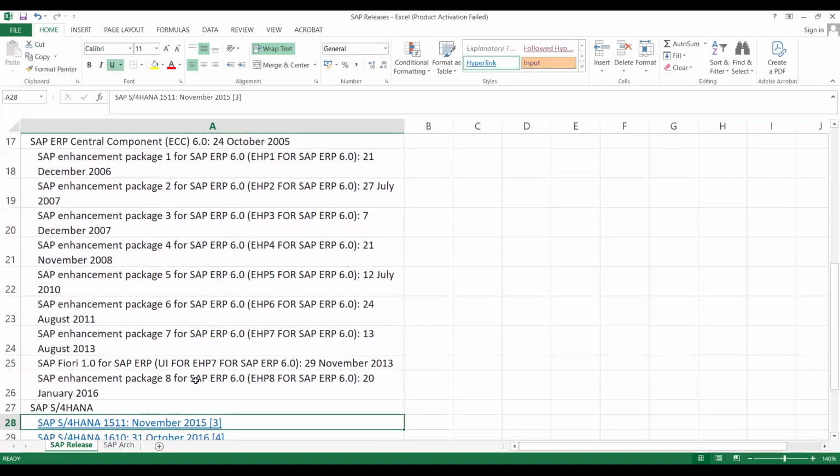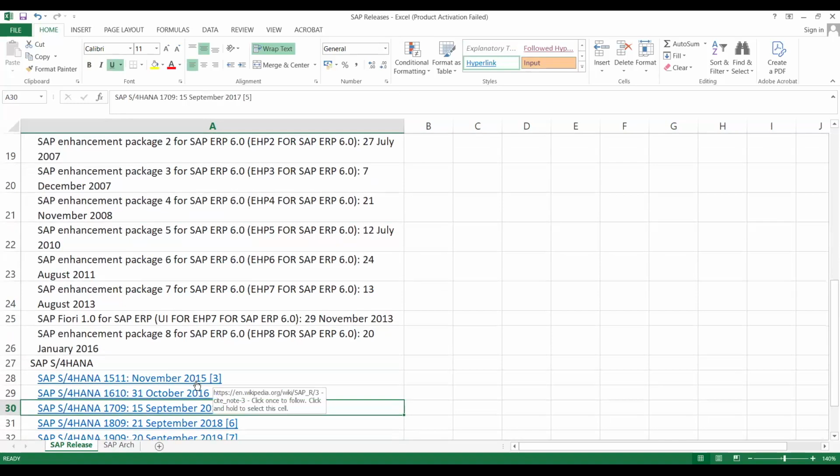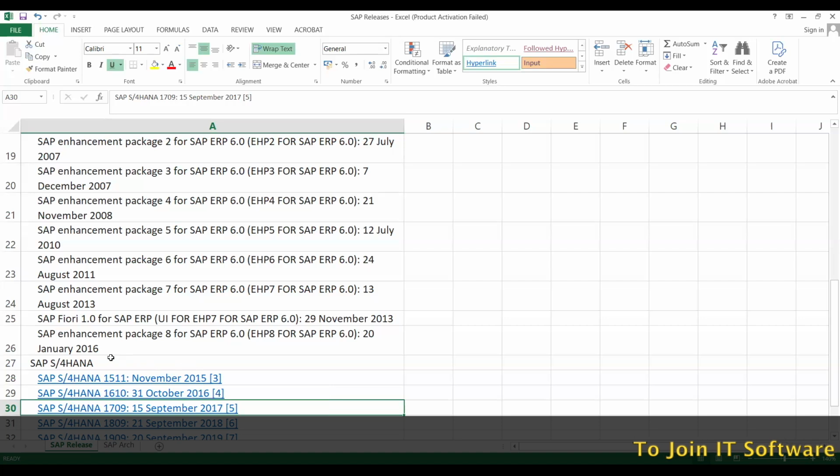So the database was different and the front end was different. Now in 2015, S4 HANA came into the picture. So what happened? The front end remained the same as it was already there. But in the backend, the database that SAP was earlier using was different from SAP's own database. So they launched their own database, which is called HANA. Why is it called S4?